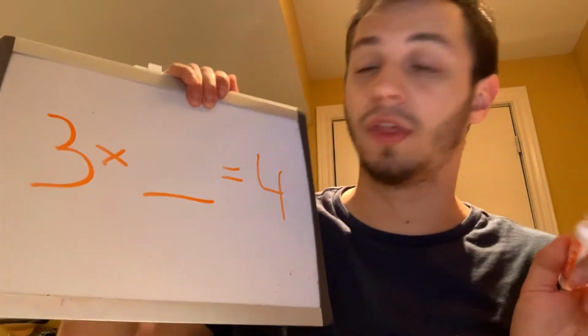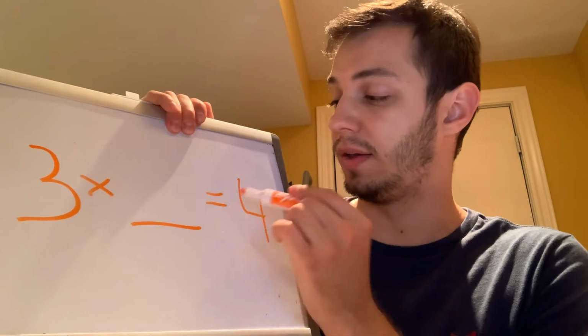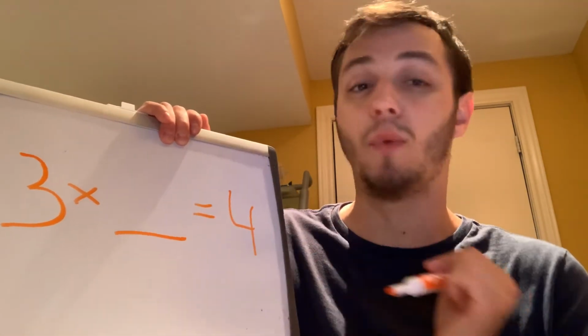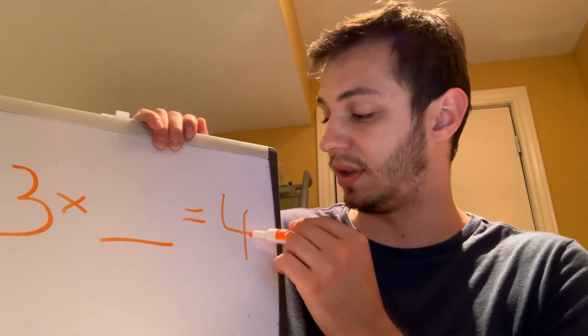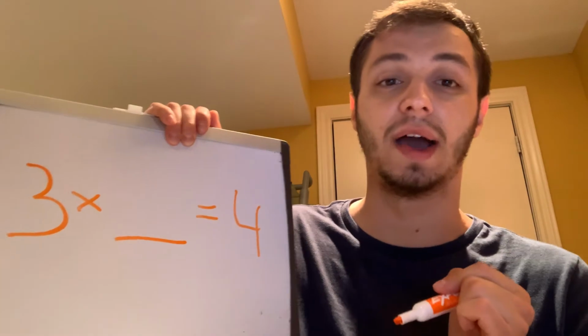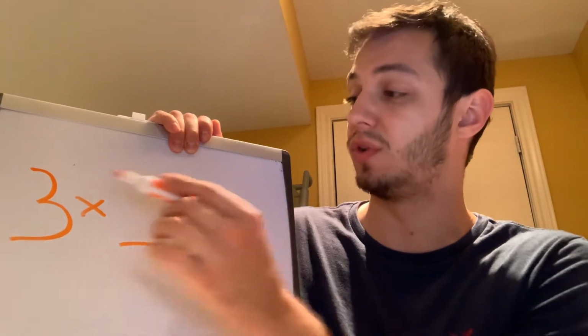However, in the next problem, or the next example, it gives us this problem. 3 multiplied by blank equals 4. We know that the number will be more than 1 because the number that we end up with is bigger than the number we started out with, right? So the 4 is bigger than the 3.